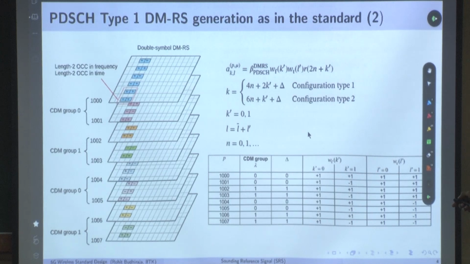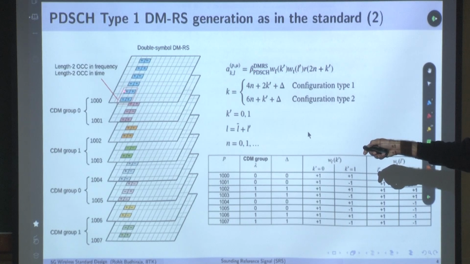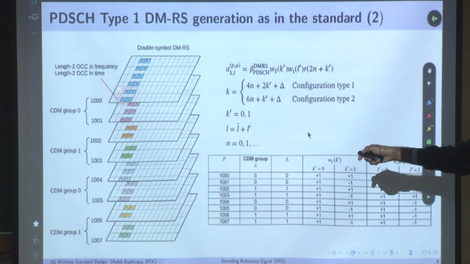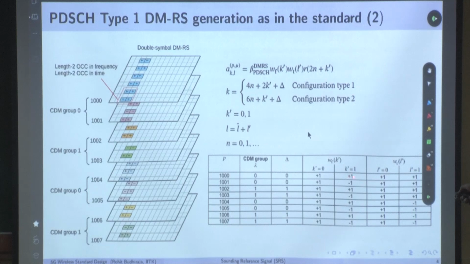You take the third, you move on to the second value, index 0, 1, and it gets multiplied by +1 again. The fourth one will also get +1 and +1. That is how this 4-bit orthogonal code cover is created.